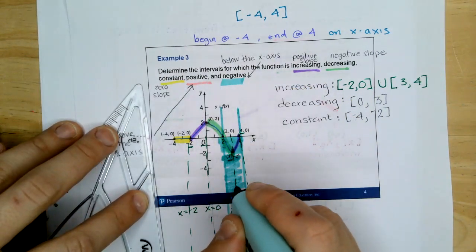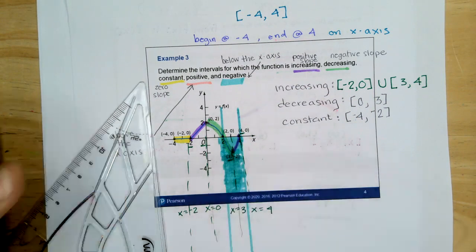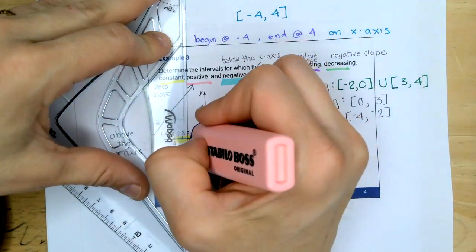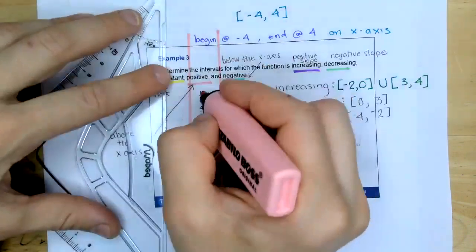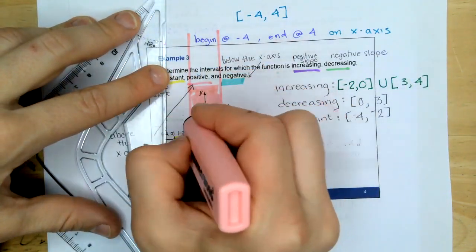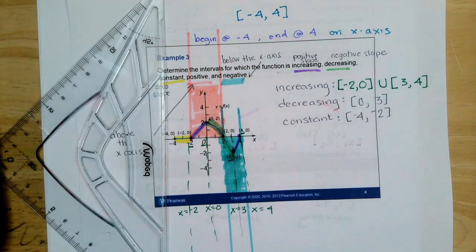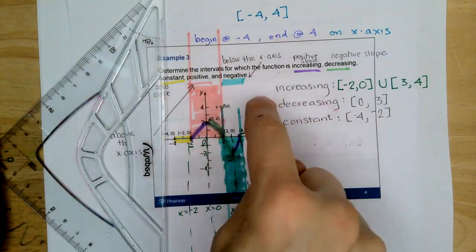It went below the x-axis, okay? Positive, from -2 to 2, it was above the x-axis. So that's what they mean by positive and negative.